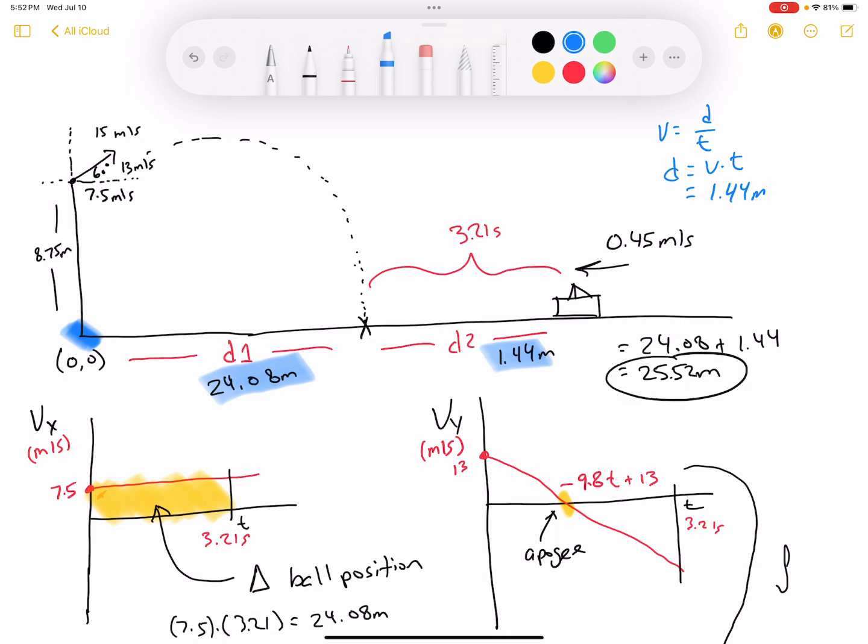And that's the answer. So to recap, at the instant the person throws the ball, the boat should be 25.52 meters away and traveling at 0.45 meters per second. And if that's true, then the ball and the boat will intersect at exactly the right time, and the boat will catch the ball.